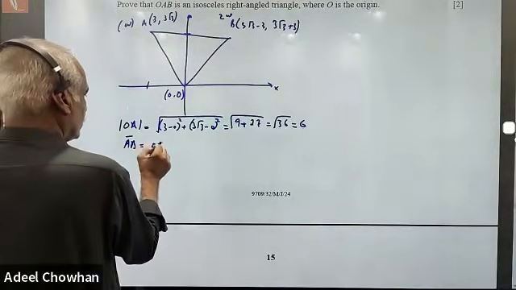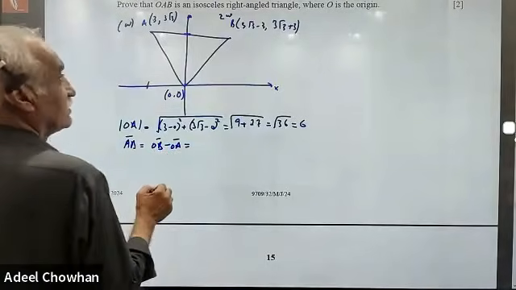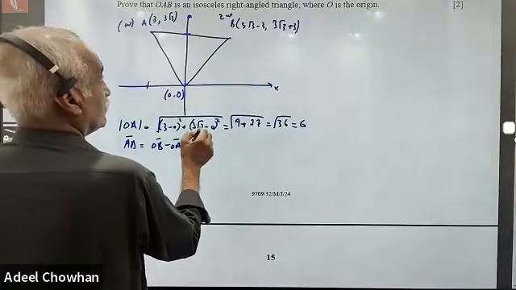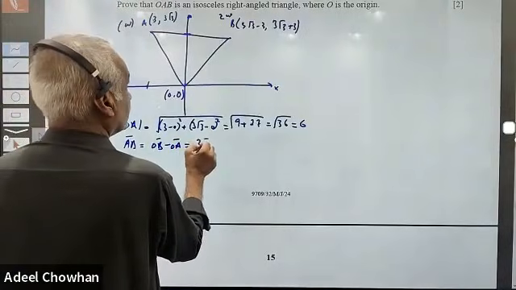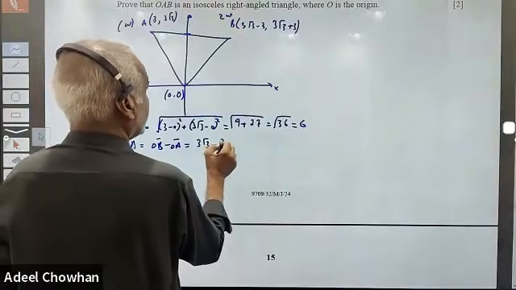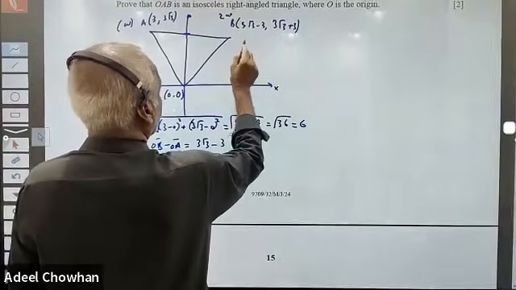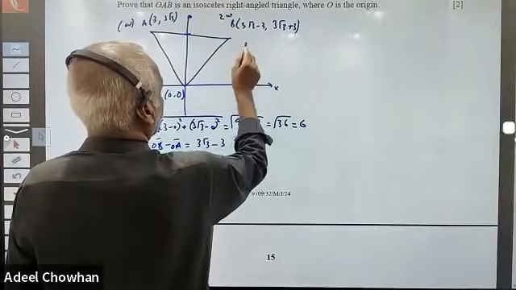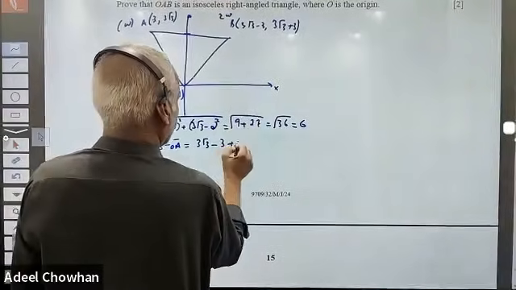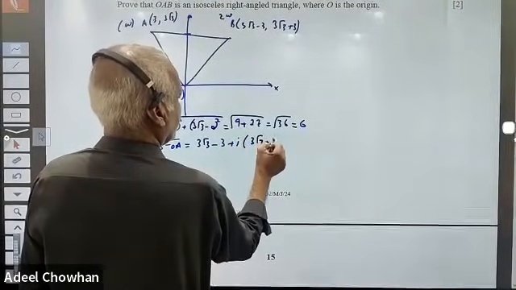AB is basically equal to OB minus OA. And that thing is equal to OB, which is 3 root 3 minus 3 plus iota 3 root 3 plus 3.